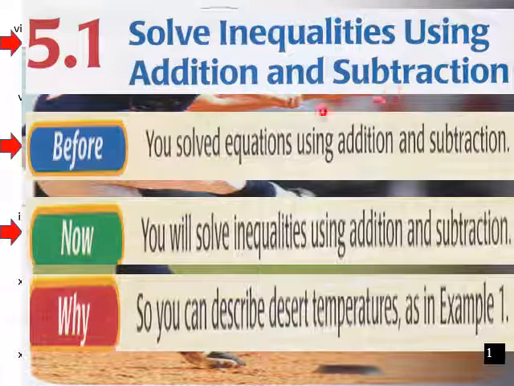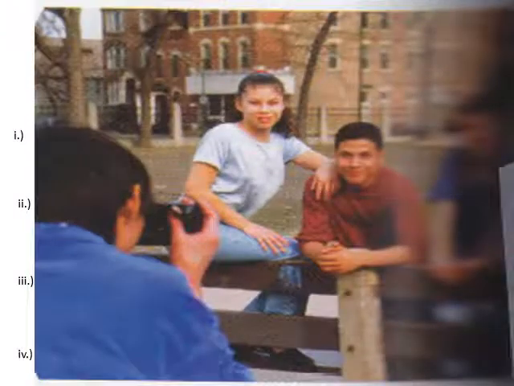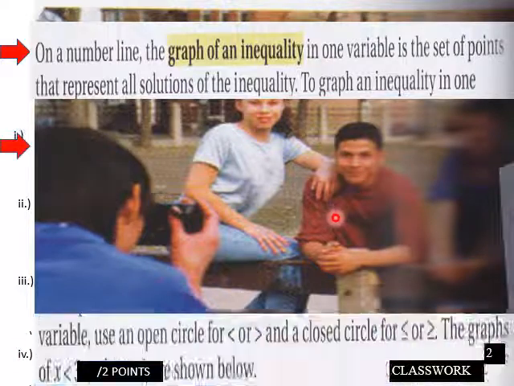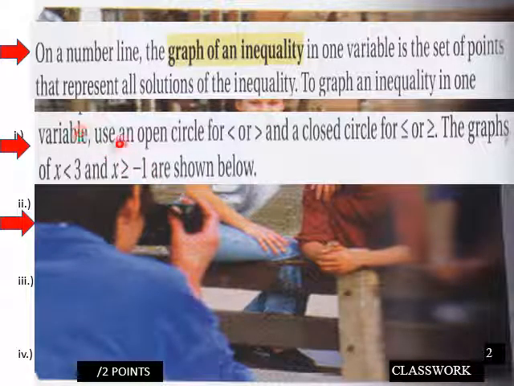So, solving inequalities using addition and subtraction: you've solved equations, and now you will solve inequalities. You can describe desert temperatures with them, as in example 1, which is coming up. On a number line, the graph of an inequality in one variable is a set of points that represent all solutions of the inequality. To graph an inequality in one variable, use an open circle for these imperfect inequality signs and a closed circle for perfect inequality.